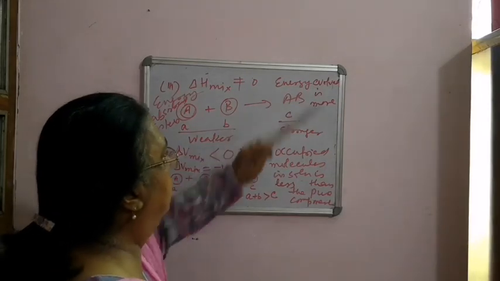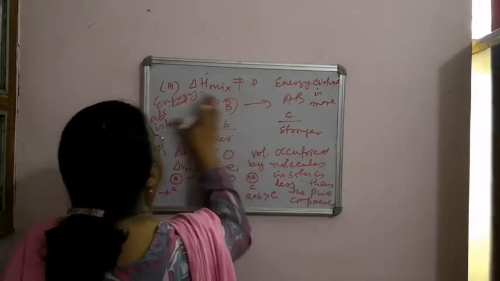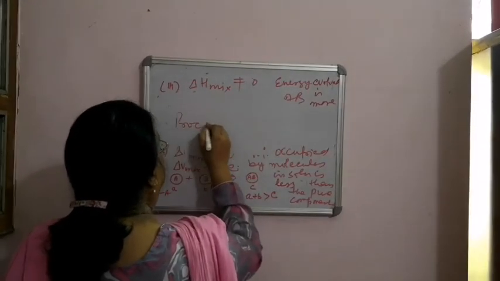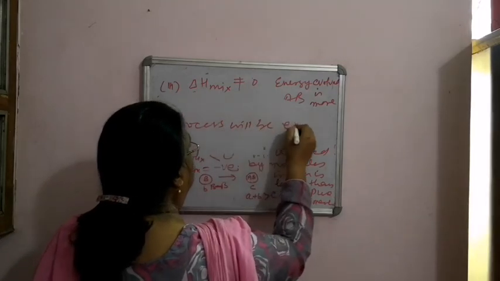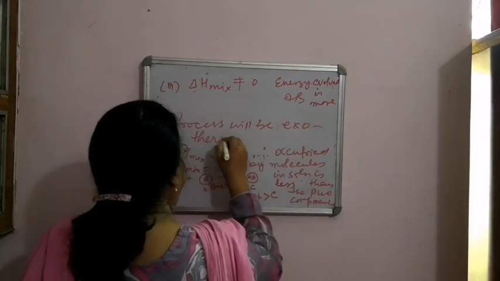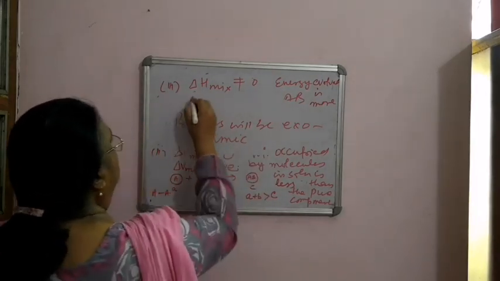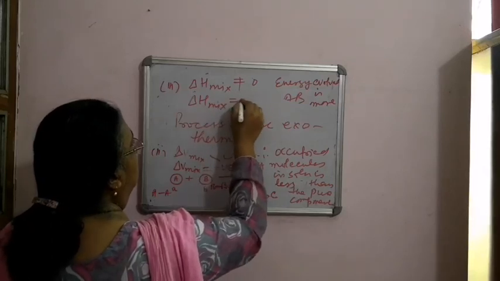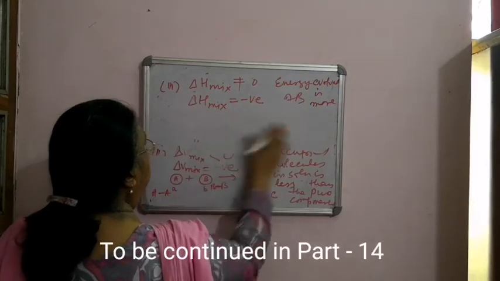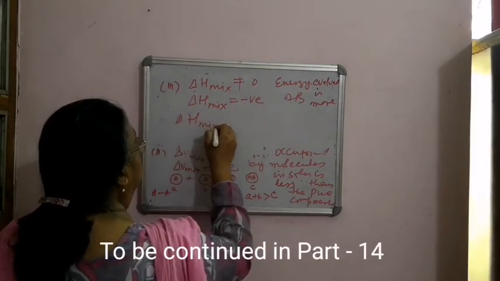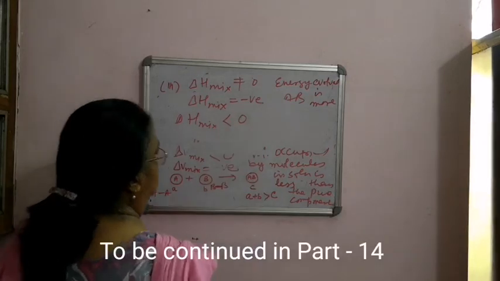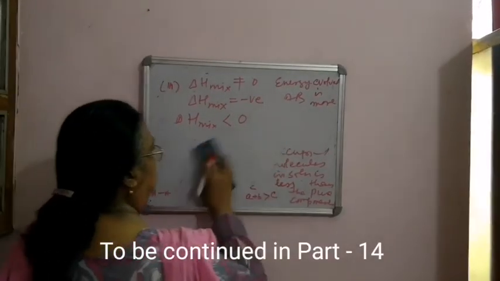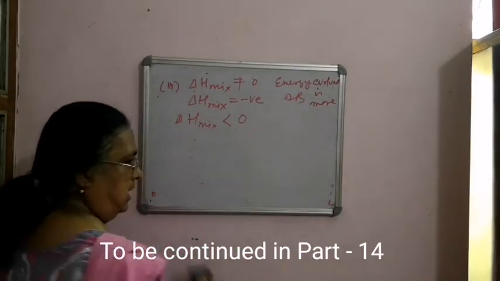So the process will be exothermic. It means delta H mixing will be negative. Delta H mixing will be less than 0.